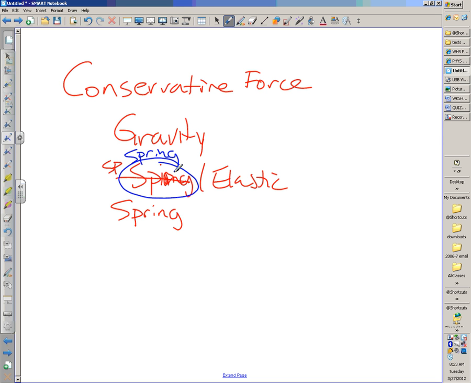Anyway, there's our two conservative forces. But we said more importantly than what conservative forces are is what they do or what they don't do. What do conservative forces do or what don't they do? They don't change the amount of mechanical energy, but they will convert one form of energy into something else.